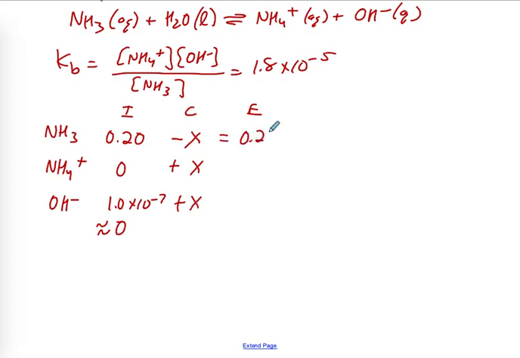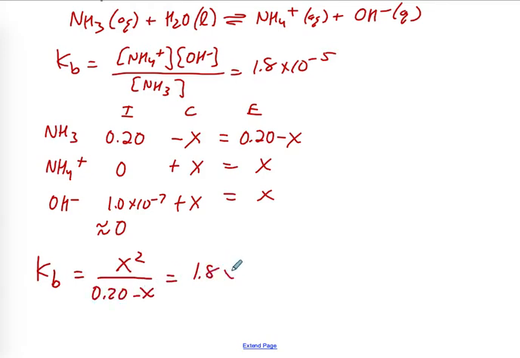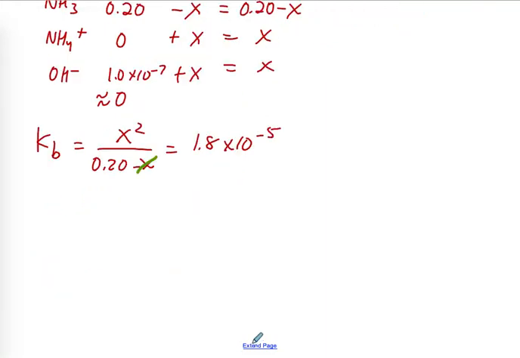So this becomes 0.20 minus x, x, x. So plugging these into my Kb expression, I get x squared over 0.20 minus x equals 1.8 times 10 to the negative fifth. Kb is pretty small, so I'm going to make the simplifying approximation that x is negligible in comparison with the initial concentration of ammonia.